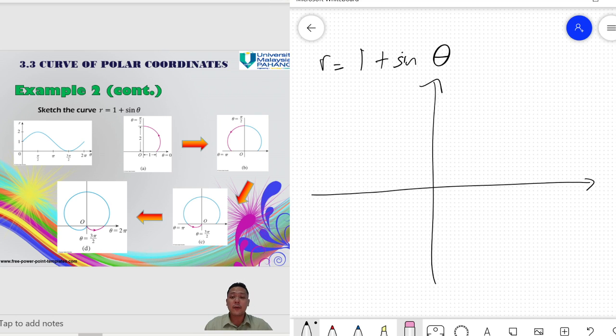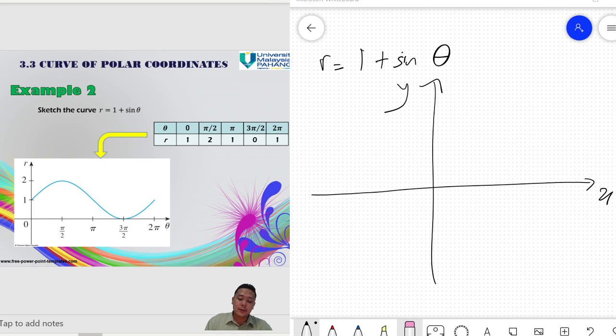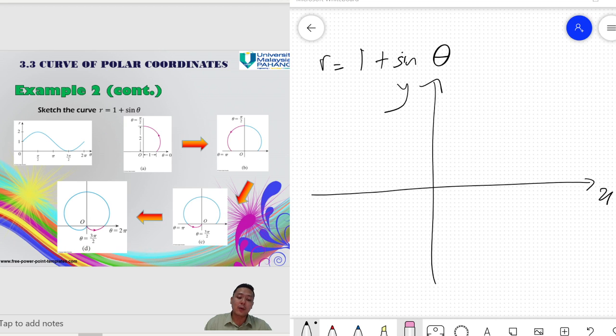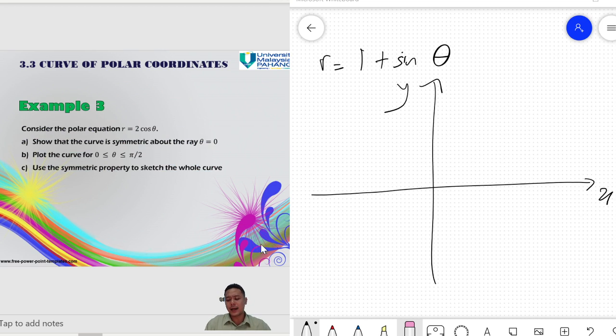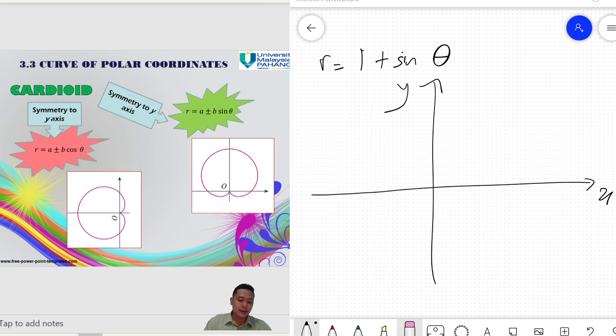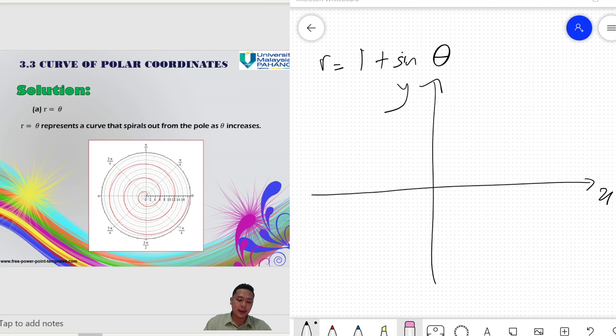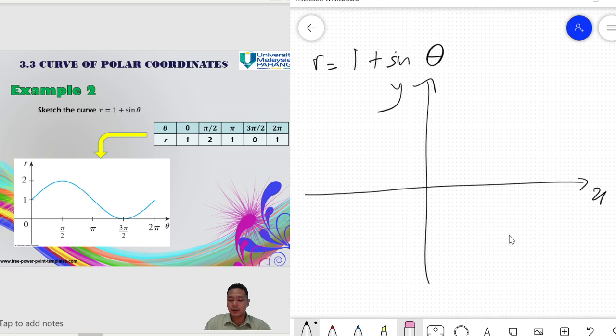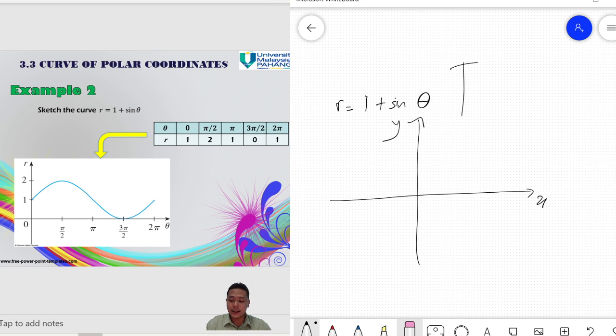In the form of a Cartesian xy axis, you start first when theta is 0. Please refer to the table. If theta equals 0, then R will be 1 plus sine theta. I should write the table here so that it helps us visualize it better. Theta is 0, pi over 2, pi, 3 pi over 2, 2 pi.